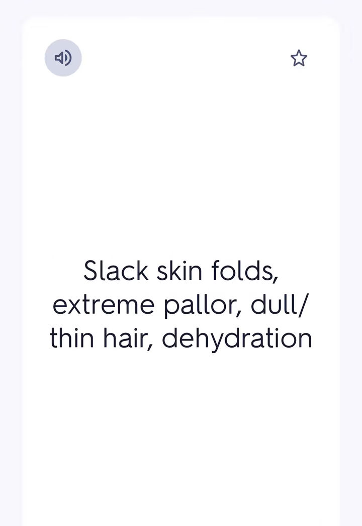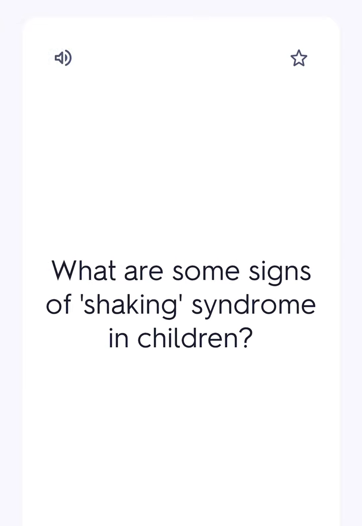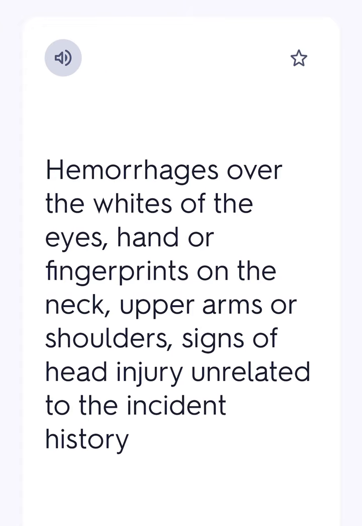Slack skin folds, extreme pallor, dull/thin hair, dehydration. What are some signs of shaking syndrome in children? Hemorrhages over the whites of the eyes, hand or fingerprints on the neck, upper arms or shoulders, signs of head injury unrelated to the incident history.